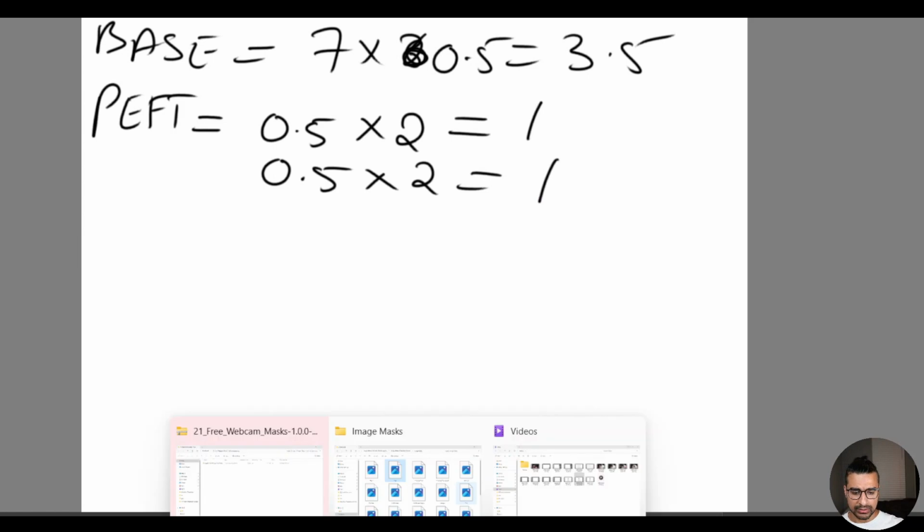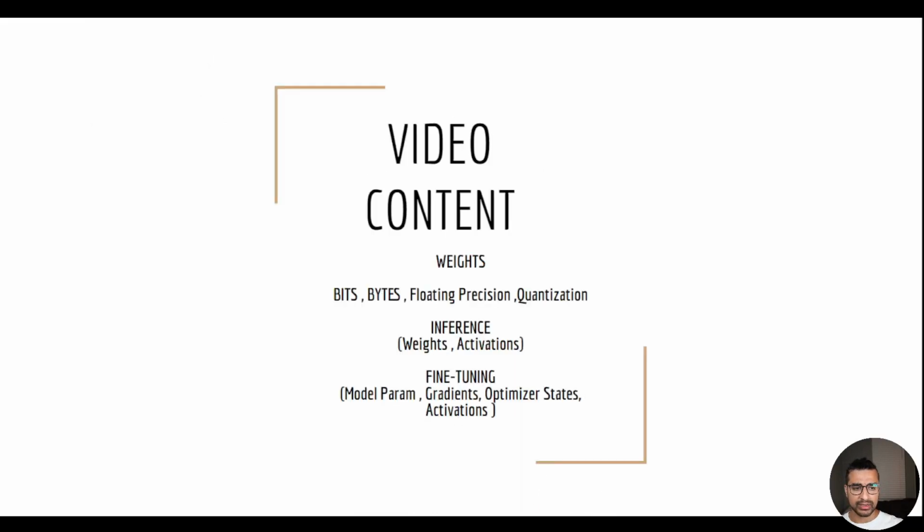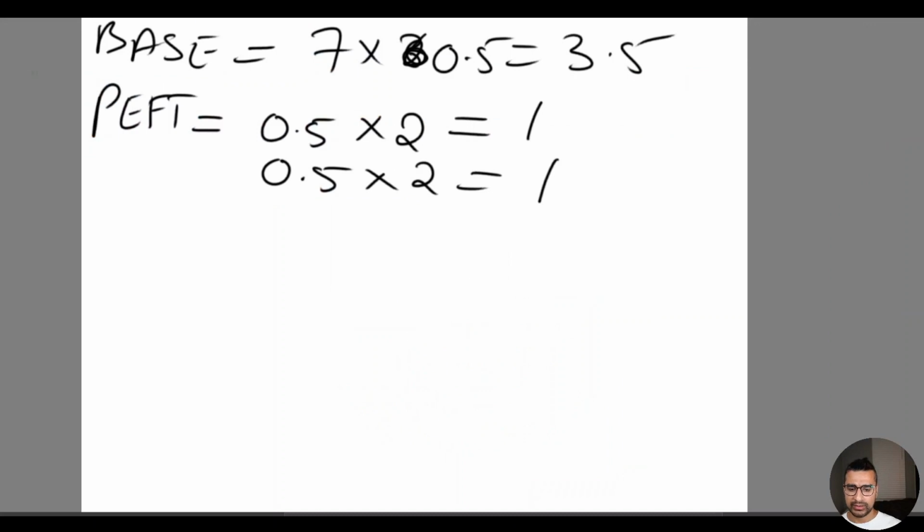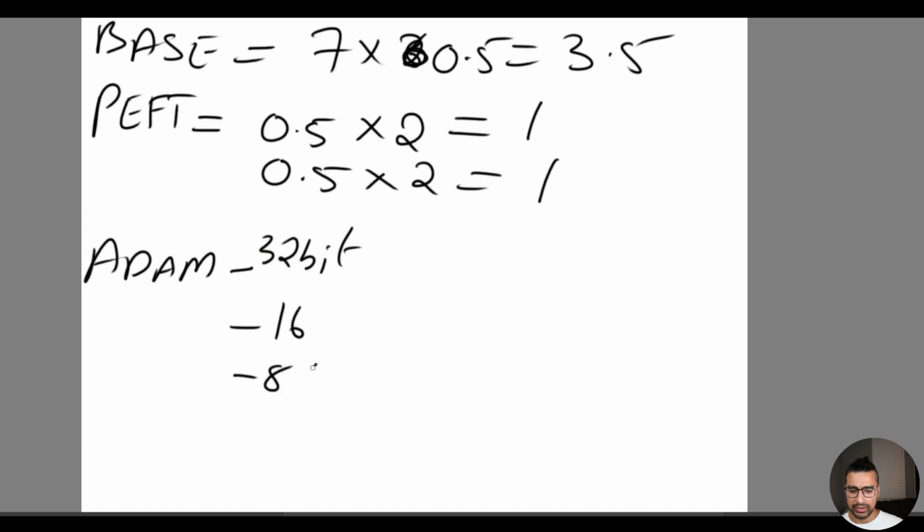So now what's next? Go to our slide to understand optimizer states, right? So now optimizer states, like I said, Adam is in either 32-bit or 16-bit or 8-bit.